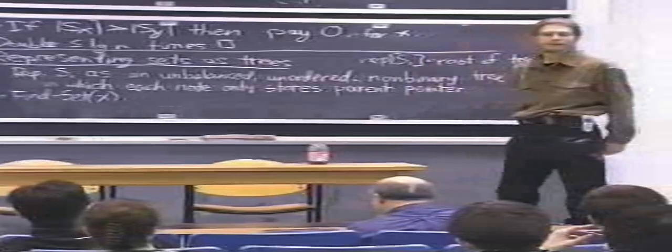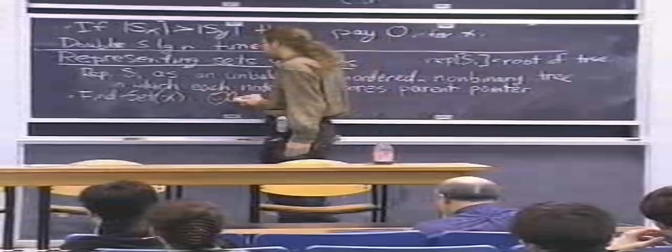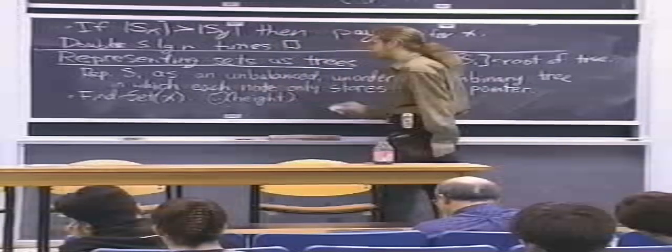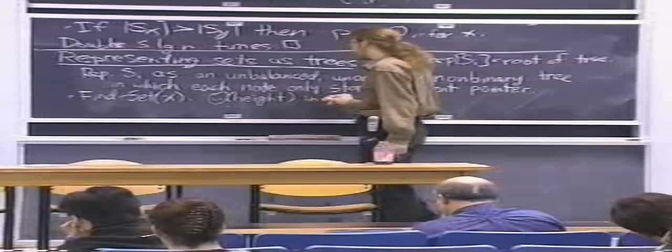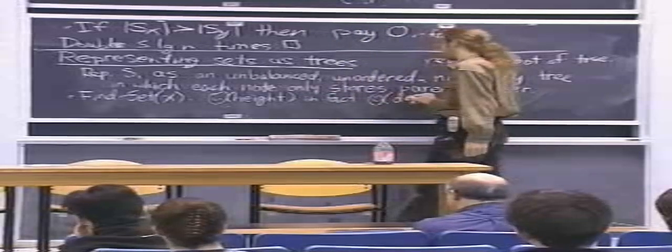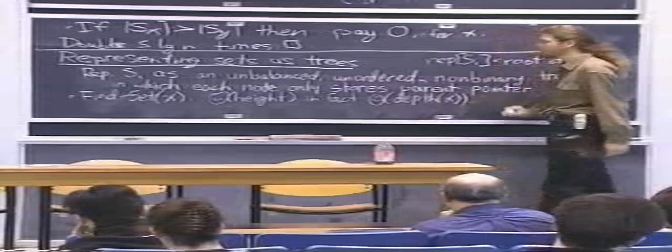Order of the height. Yeah, exactly. That's what I want. Because this captures it, it's proportional to the height of the tree. Actually, in fact, it's proportional to the depth of x, as long as I define depth to be at least 1.